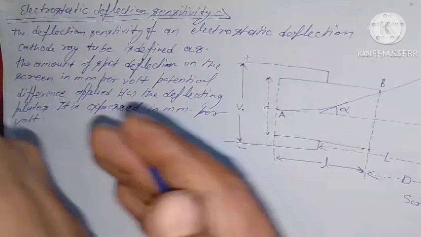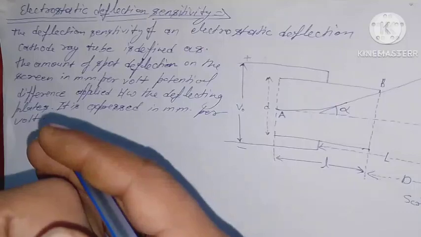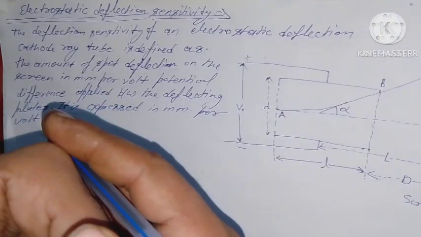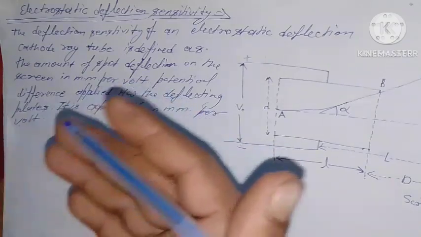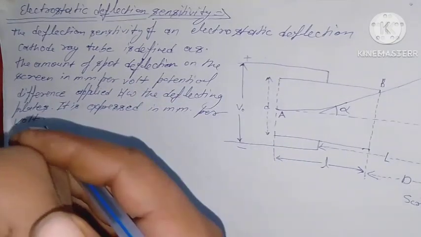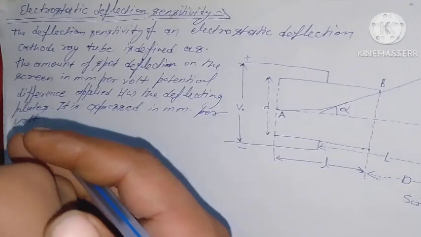Okay. The DC or peak-to-peak AC voltage which must be applied across the deflection plates to produce a spark deflection of 1 mm on the screen is called deflection factor.